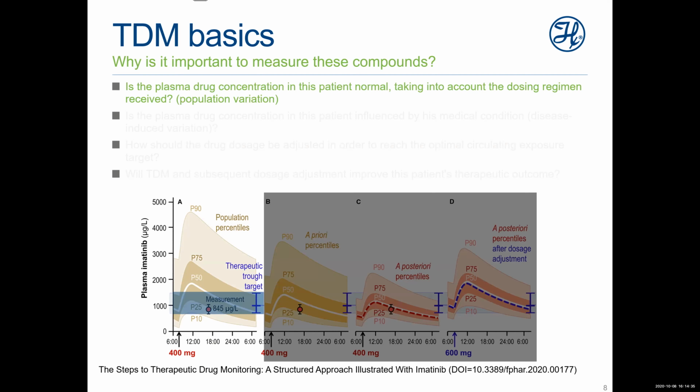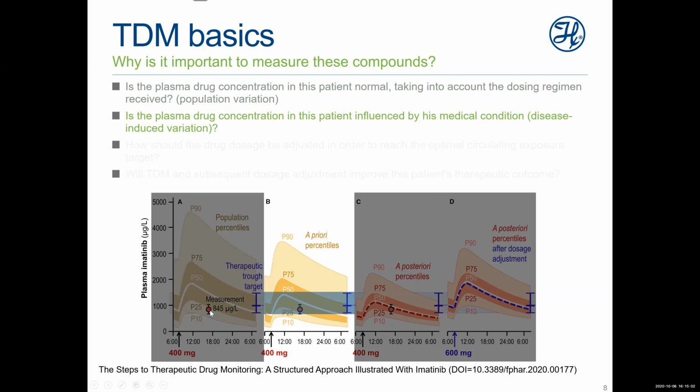In part, I already answered this question, because we have to consider the plasma concentration in the patient, considering the regimen received. And this is considered in the whole population that can take this drug. So as you can see in the picture, the value for the patient is very low because it's in the first 25th percentile.